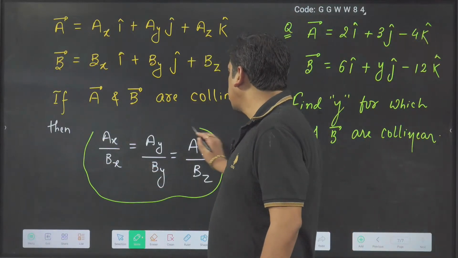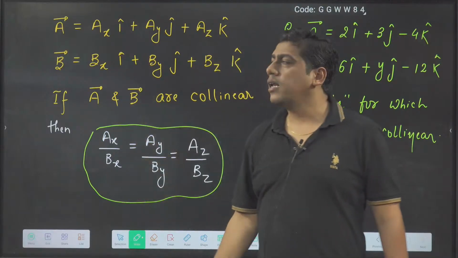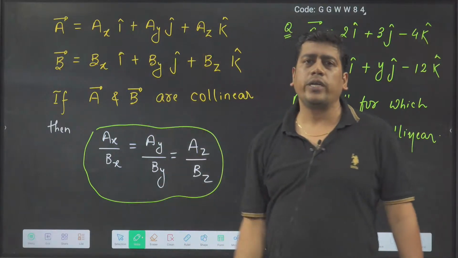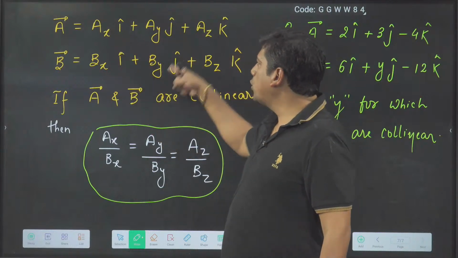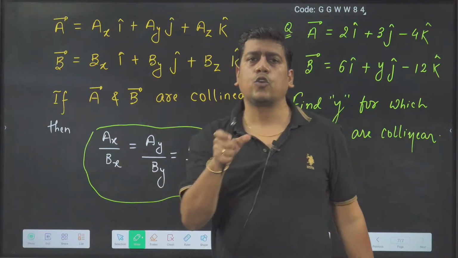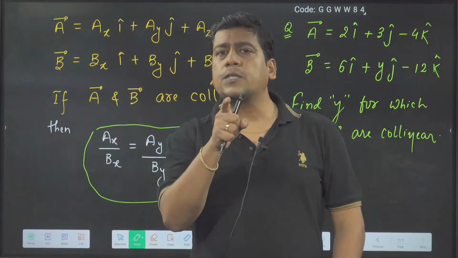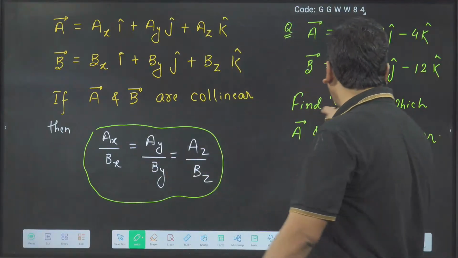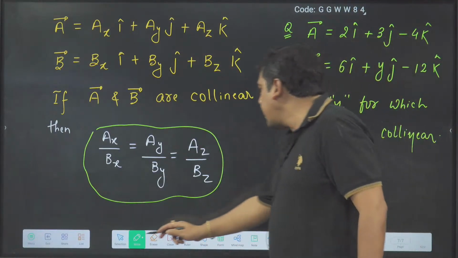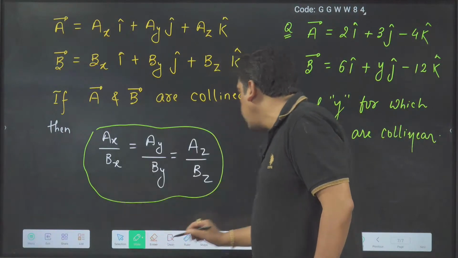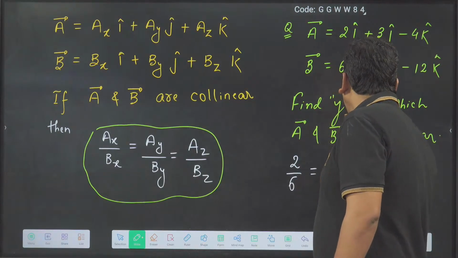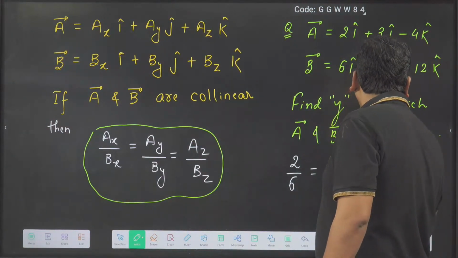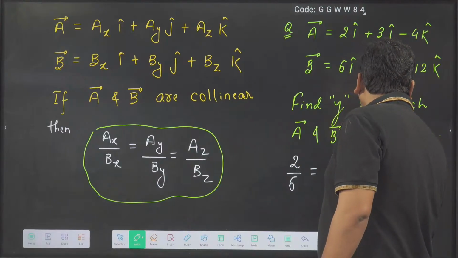If the vectors are collinear, then the same number will be multiplied to each term to get the other vector. That means if you take the ratio, the ratio should be constant. Here you can take any two ratios, like 2 by 6, which should be equal to 3 by y, and equal to minus 4 by minus 12.